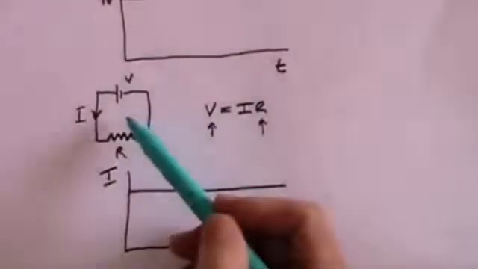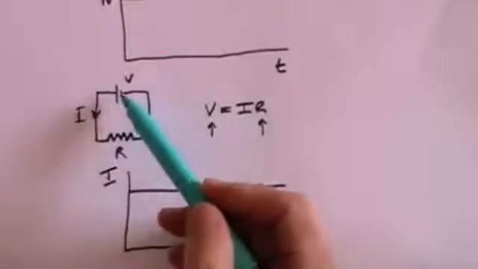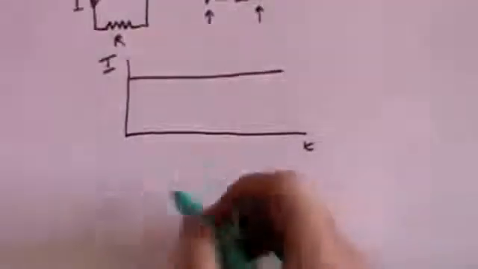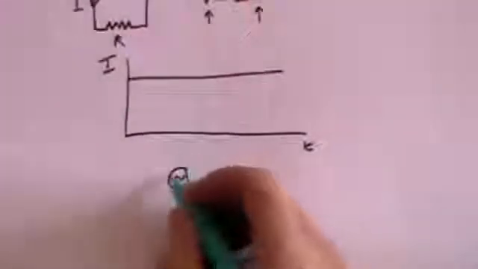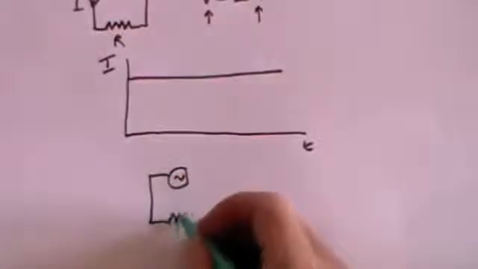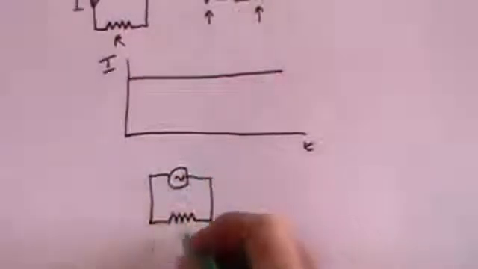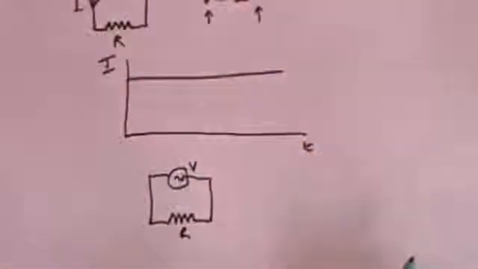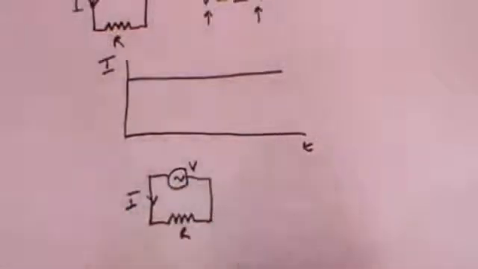Now let's take this circuit here and take the battery out and instead replace it by an alternating current supply. So we have our alternating current supply going through our resistance R. And the supply will have a voltage and there will be a current flowing through the circuit.